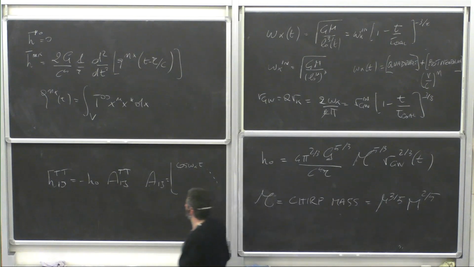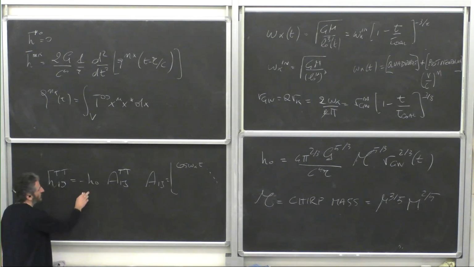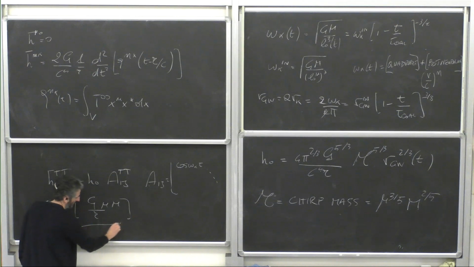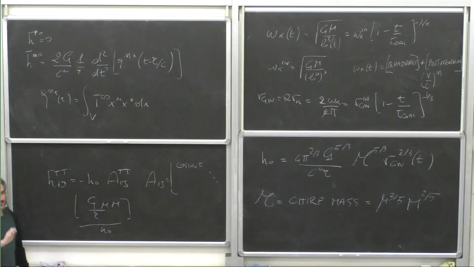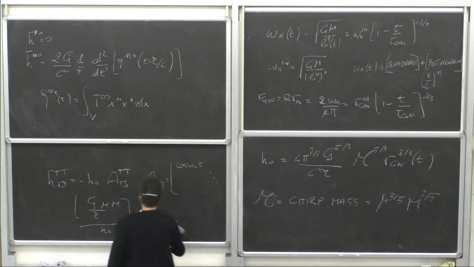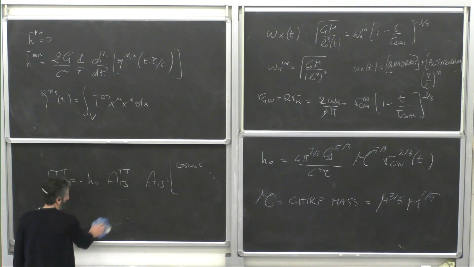I don't have the notes with me, but basically this was the factor. So there was a factor with some powers of G, 1 over r, some other powers, and I just called all of this h0. All the constant terms that weren't depending on the cosine and sine of the angular frequency.